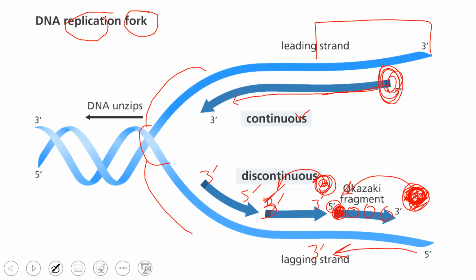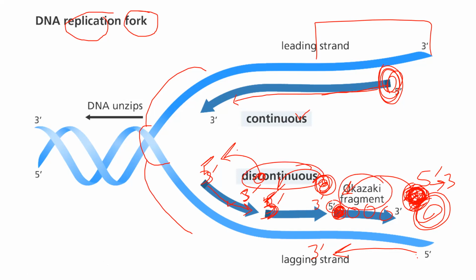This is the 3 prime and this is the 5 prime. Then I have to move back here, to make sure that the overall direction is opposite to this one, right? The overall direction of the discontinuous strand should be 5 prime to 3 prime, because this one is 5 prime to 3 prime in this direction. So what ends up happening is discontinuous strands are formed, which are known as the Okazaki fragments. These are the discontinuous strands that form.